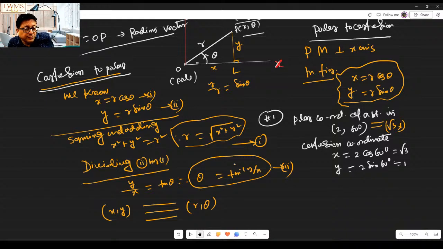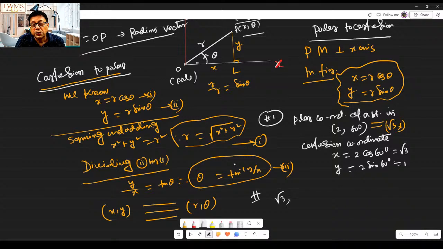Is that clear? Let us solve one example. Convert (root 3, 3), this is xy, into polar form.